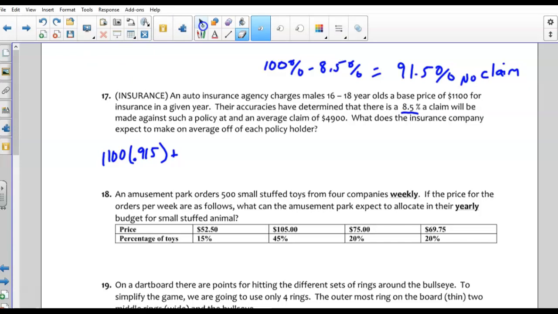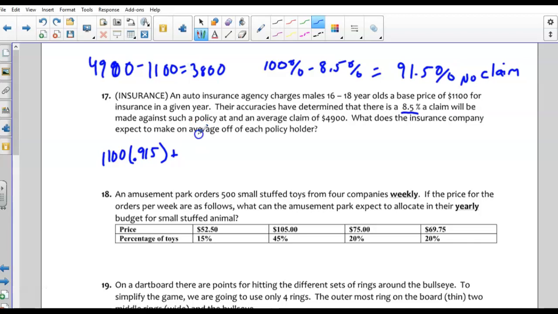So if you have $4,900, it's just like the last problem, right? $3,800. All right. So there's an 8.5% chance that the insurance company will lose $3,800 on the 16 to 18-year-old drivers, because somebody will make that claim, right?